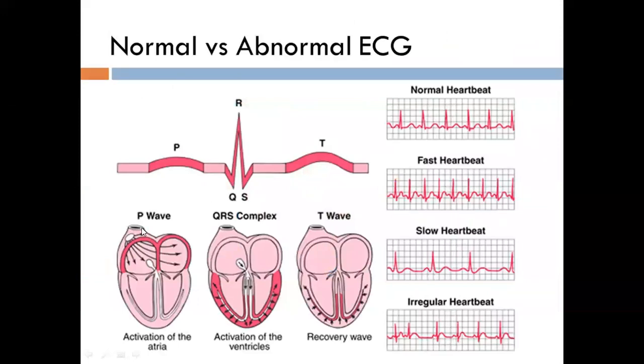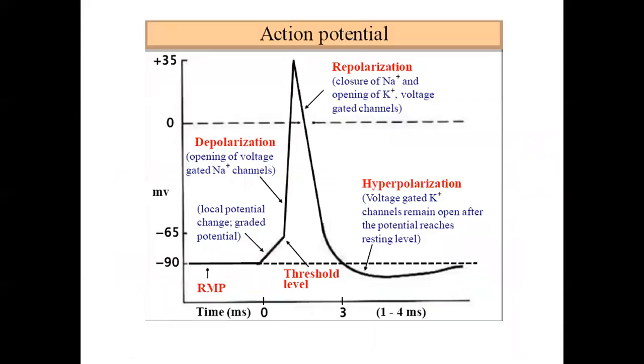Different waves are showing in the picture. The P wave represents activation of the atria, the QRS complex represents activation of the ventricle or ventricular depolarization, and the T wave represents the recovery phase or ventricular repolarization, right? Here I explained a little bit about depolarization and repolarization, and the RMP, the resting membrane potential: how they work up to a certain level, then come back, we call the resting phase.